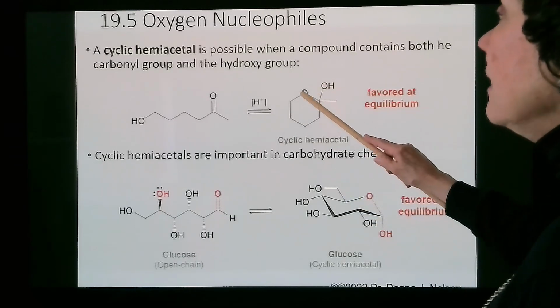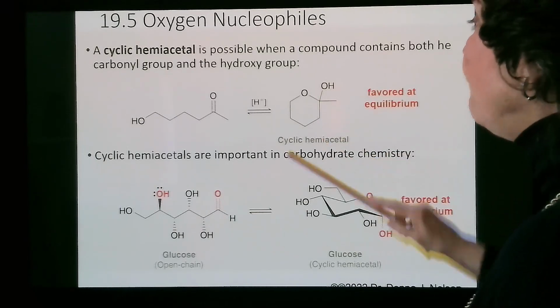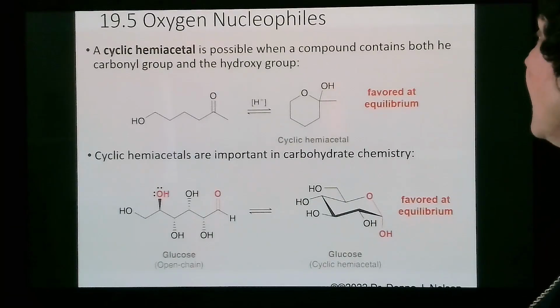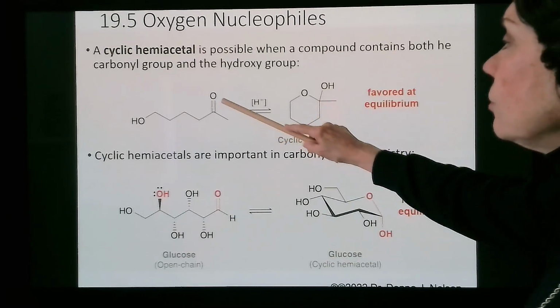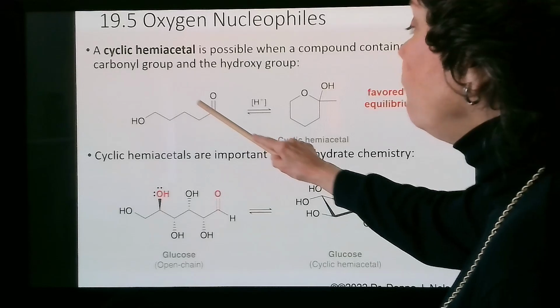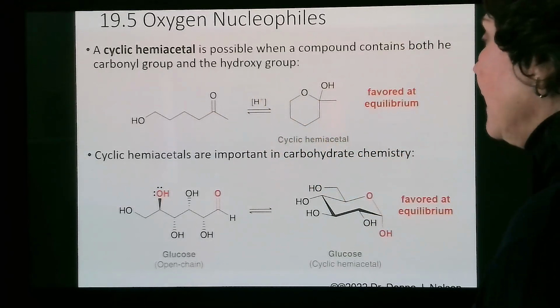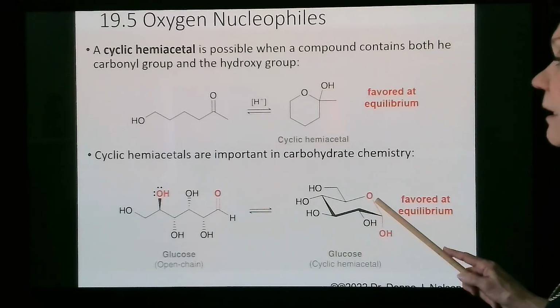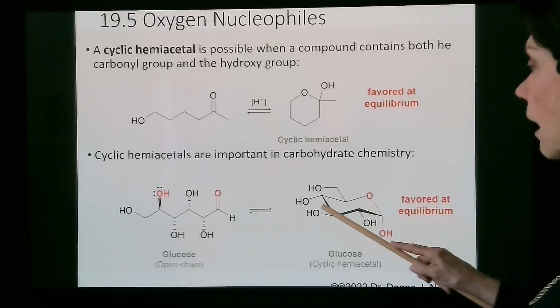So this is a cyclic hemiacetal. It's possible to form this when the compound contains both the carbonyl group and the hydroxyl group. So this, when it comes back and forms the acetal, you're going to form a ring. And cyclic hemiacetals are important in carbohydrate chemistry.